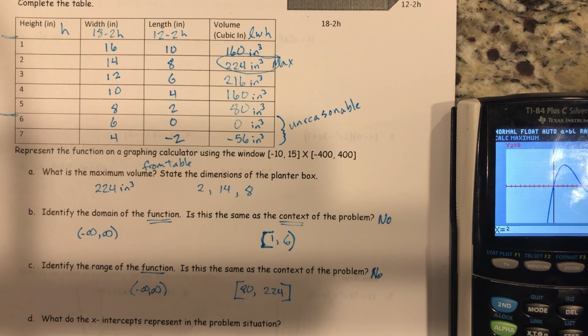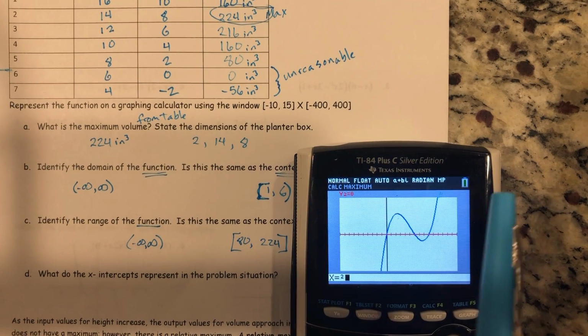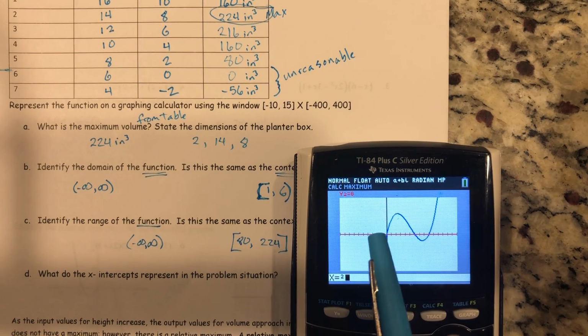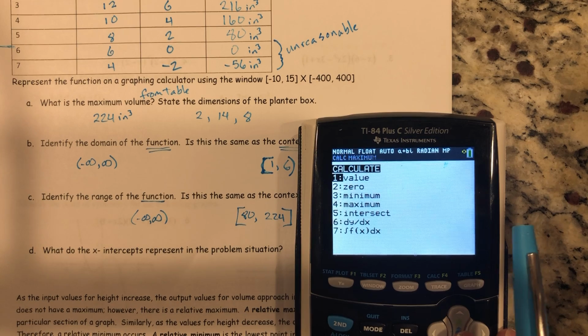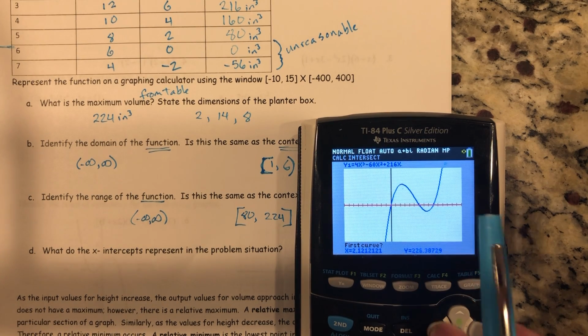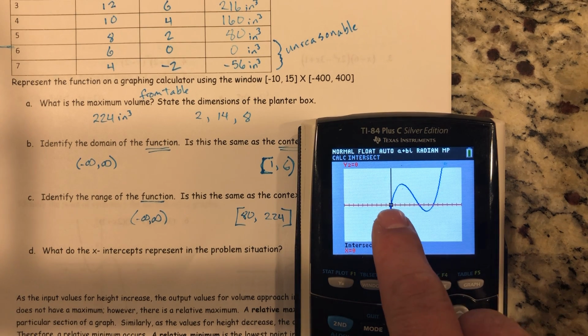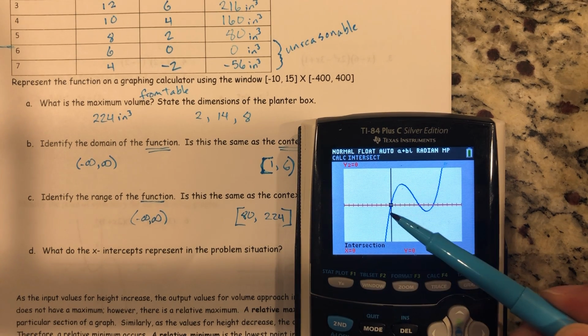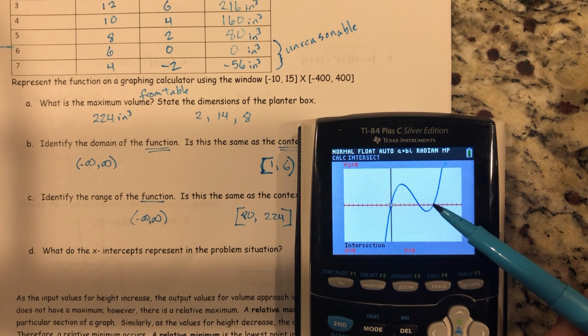And then it says, what do the x-intercepts represent in the situation? x-intercepts, this is where I did y2, x equals 0. And then we just find the intersections the same way we have in the past. Second trace 5, and then move the cursor close to the one that you want to find and hit enter 3 times. So this one has 3 times that it hits 0, which is at 0, 0 at that point, and at that point.